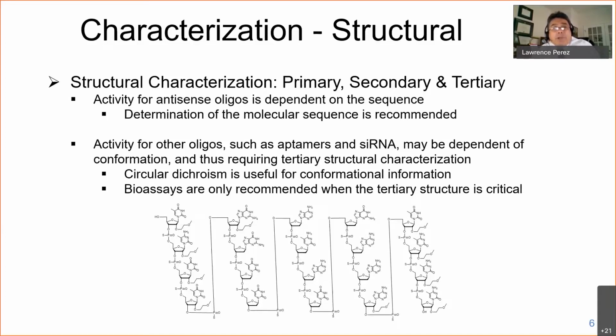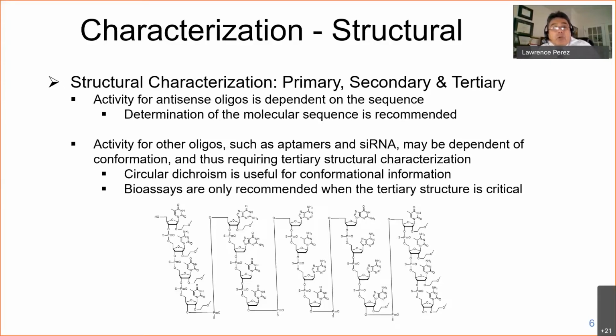However, we still get a fair number of questions on confirming the bioactive conformation of the oligonucleotide. Fortunately, for the single-strand oligonucleotides, such as the antisense class of oligos, their bioactivity is dependent upon their primary structure. In other words, it's dependent upon the nucleotide sequence in the strand.